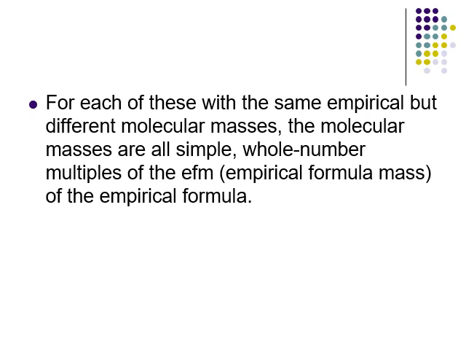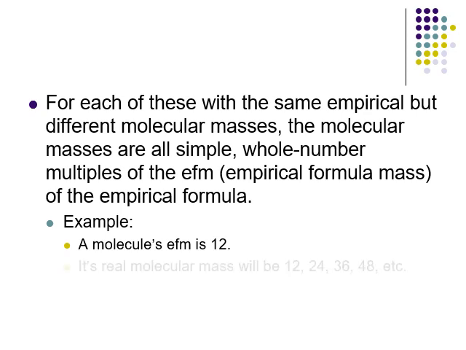The empirical formula mass is simply the molar mass of the empirical formula. So you already have the empirical formula. Just add up the molar masses of all the elements that make it up. That's your empirical formula mass. So for instance, let's say a molecule's empirical formula mass is 12. We're told that. Its real molar mass could be 12, 24, 36, just a whole number multiple of that.